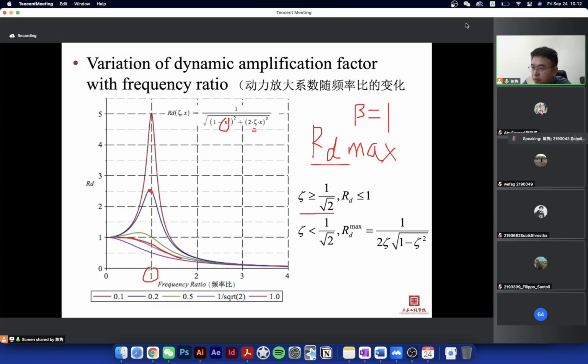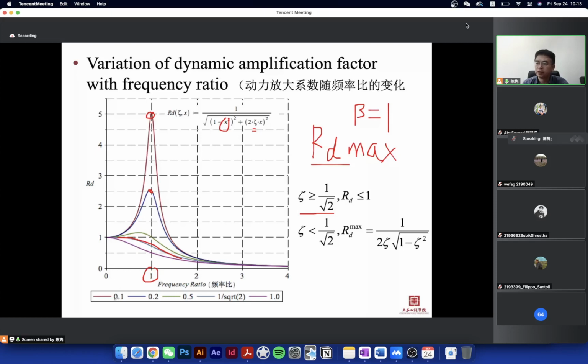This point is omega equals omega n, which means the maximum value of RD happens at a frequency lower than omega n. But you see the damping ratio here is 0.1, and the two are very close. Although they're not the same, they're very close.